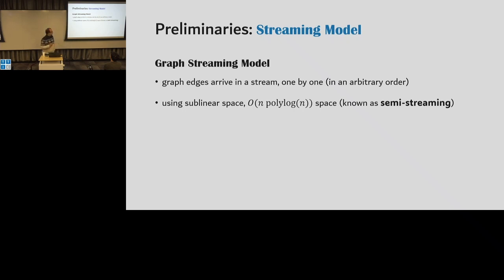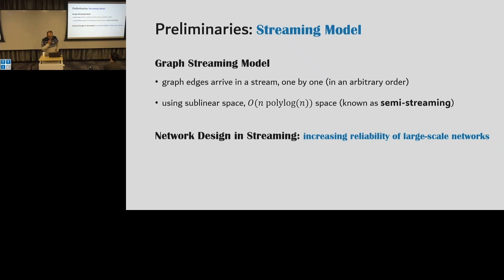Then the goal is to use just a sublinear amount of space, not to store everything about the graph. Usually, we can store O(n polylog n) space, which is also known as semi-streaming. Then we would like to solve the given graph problem. So we want to take one pass over the stream, use a small amount of space, and then solve the problem.